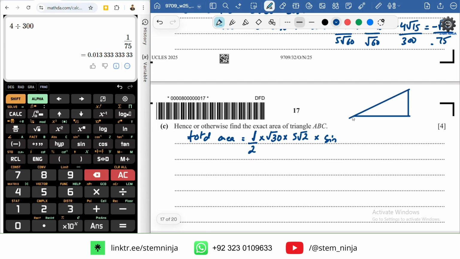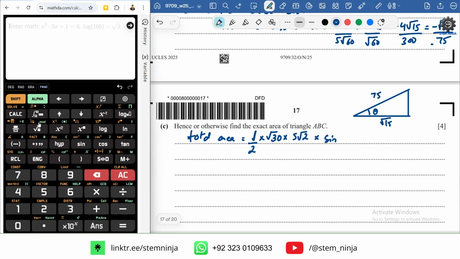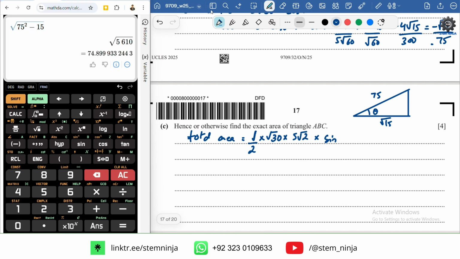So when we had the cos of theta, cos value was root 15 over 75. Okay, so we need 75 squared minus 15, this thing. So this is root 5610. That's a very weird thing.